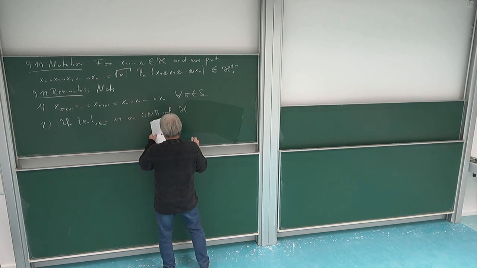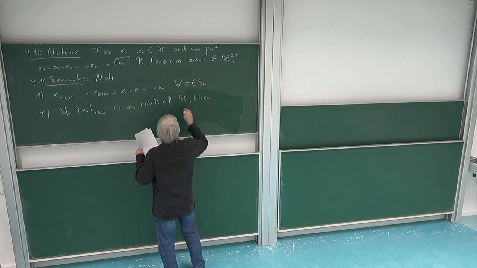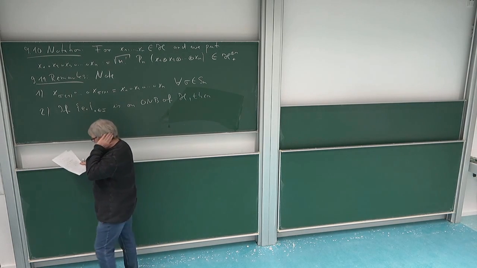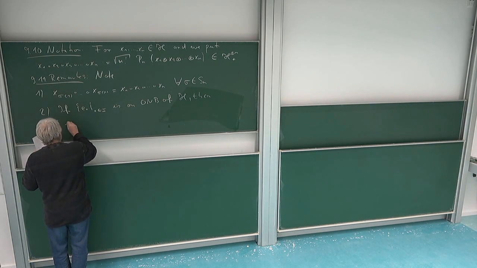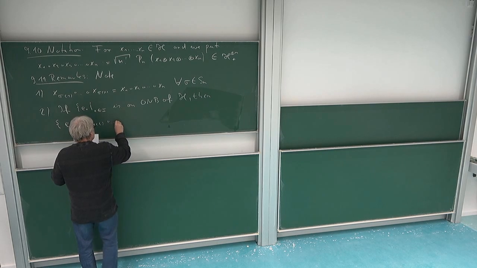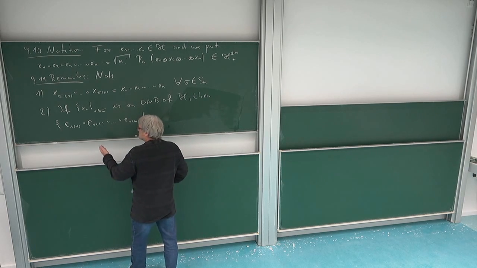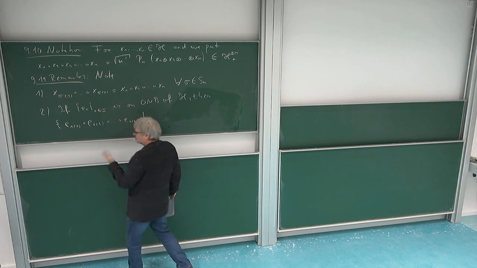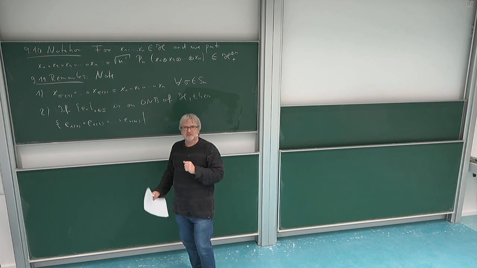then I can get a basis of the symmetric tensor power by looking at all the tensors of e_{i1}, e_{i2}, and so on, up to e_{in}. But now I should not take any choices of the e's independent from each other, but only the ones which are increasing.